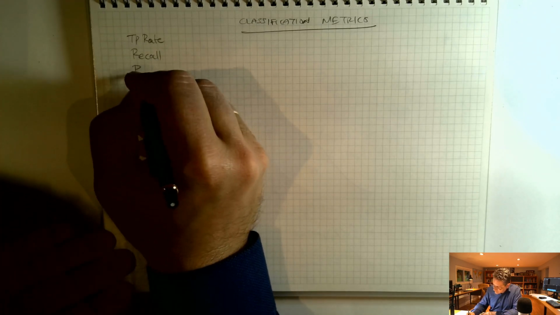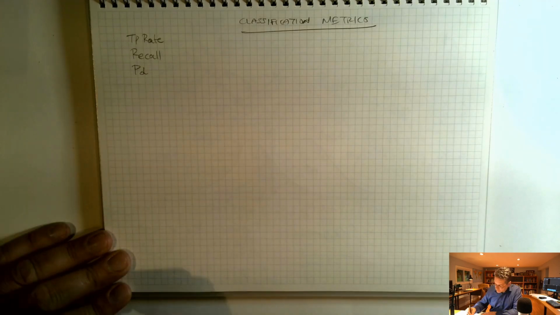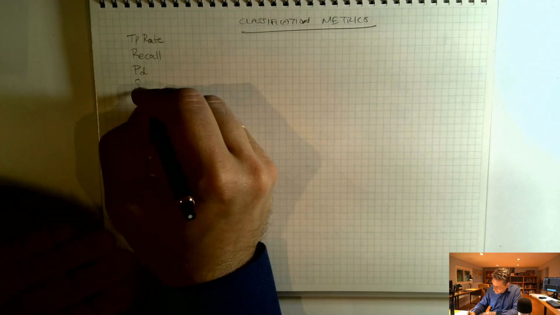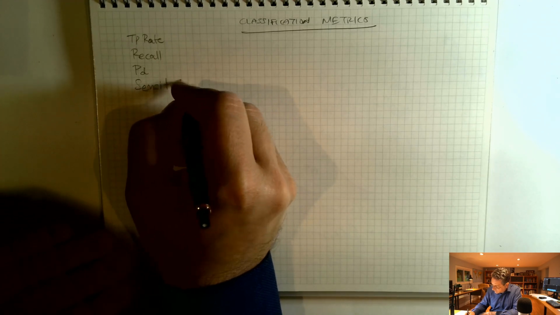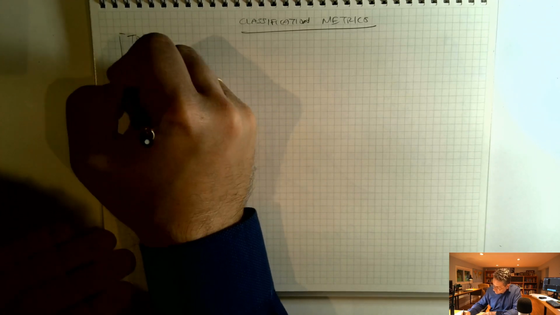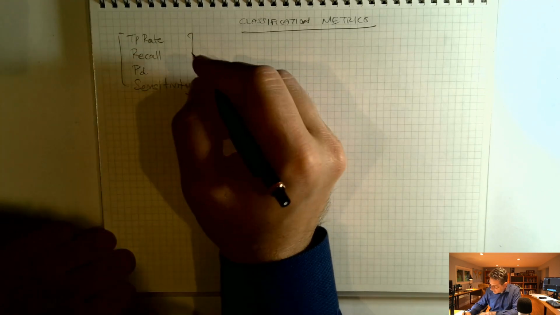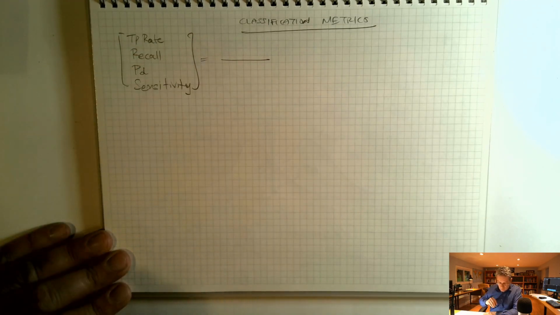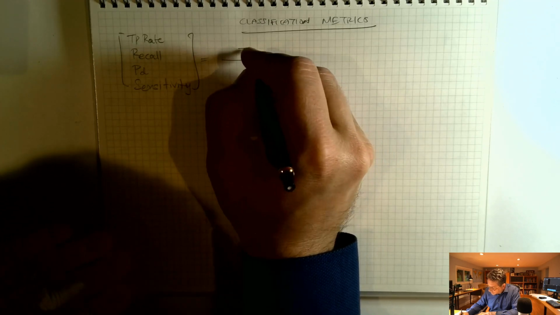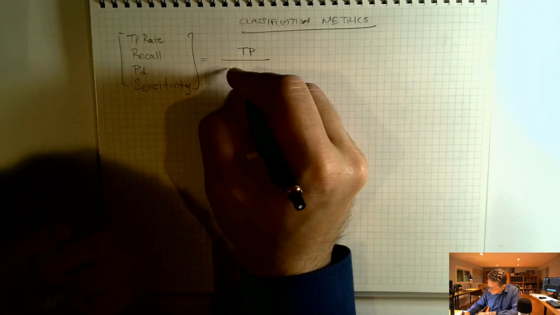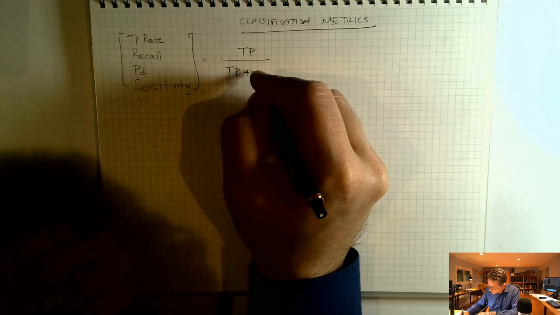In electrical engineering, this is also called probability of detection, and in many other domains it is quoted as sensitivity. It's one and the same thing, and I just want to mention all of them just in case you come across one of the many. So this is the ratio between true positive and true positive plus false negative.